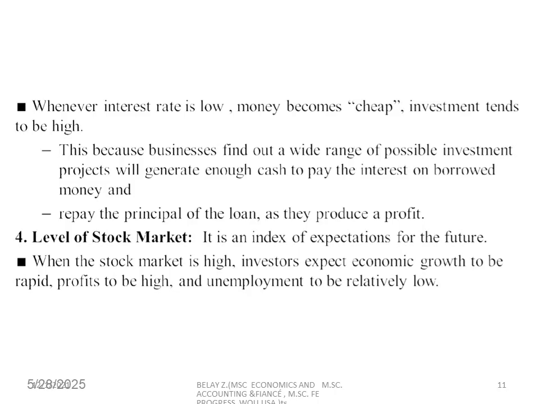When the stock market is high, investors expect economic growth to be rapid, profit to be high, and unemployment to be relatively low. That means when there is high economic activity, the unemployment rate is low because there are high job opportunities.